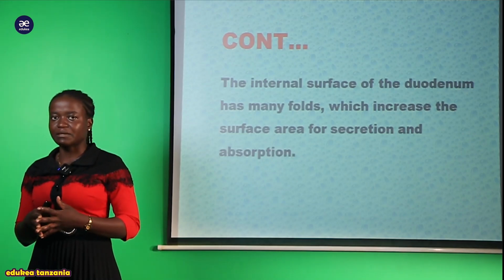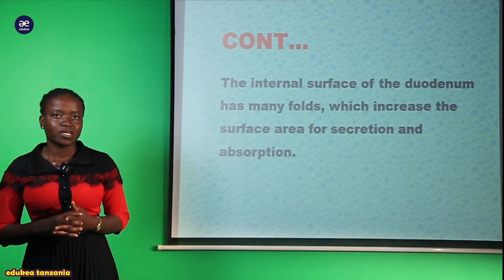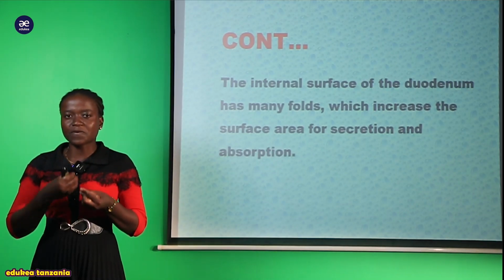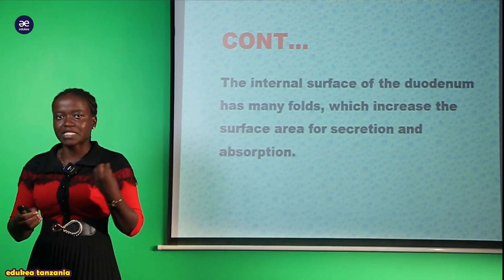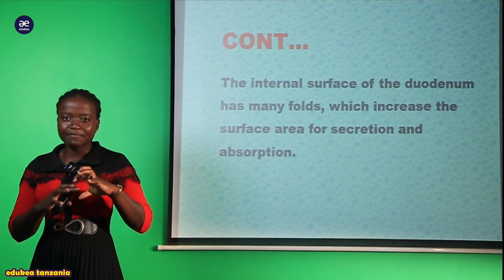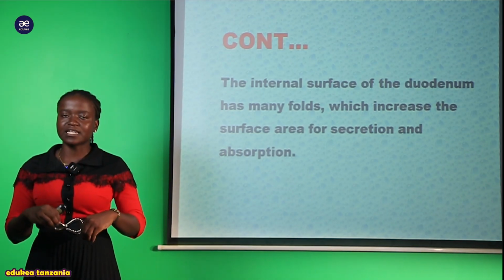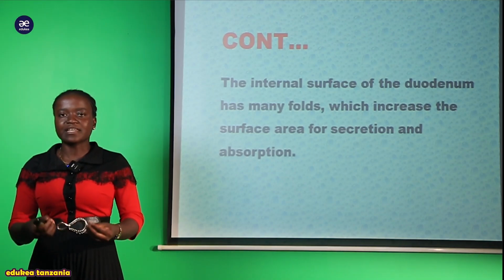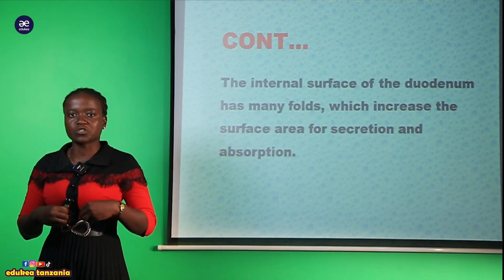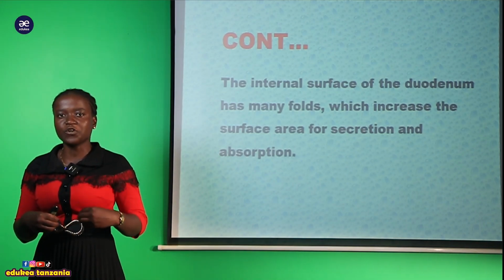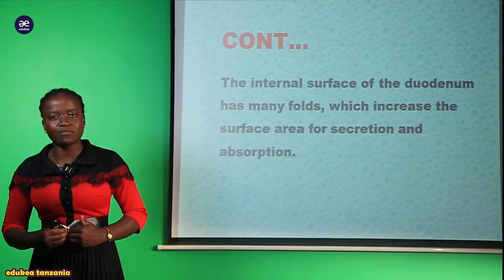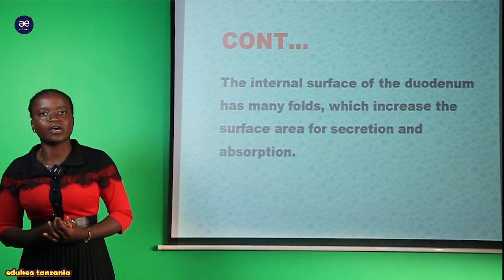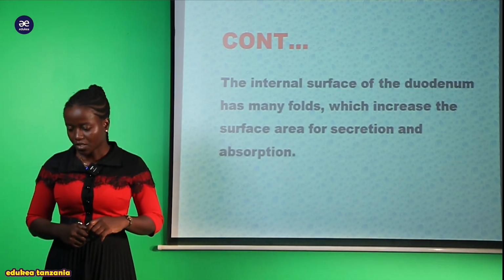That is, we are talking about the bile pigment. Kwa hiyo sasa ile absorption process inatokea kwa urahisi zaidi. Kwa sababu gani? Kunakuwa tuna ile mikunjo mingi ambayo inapatikana ndani ya duodenum. So ina enhance the process of absorption of material or absorption of the food kutoka kwenye ile duodenum kwenda kwenye the rest part of the body very easily.